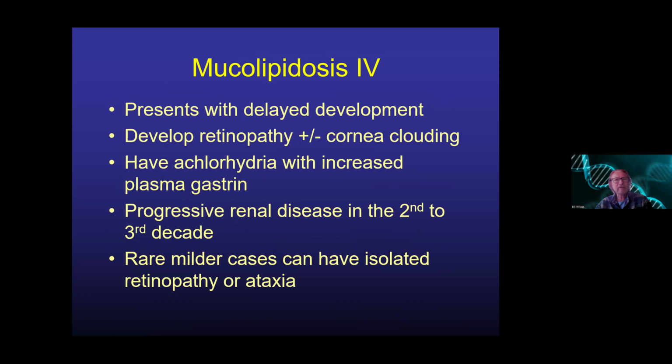I'll show you a picture of hypothesized mechanisms for its pathogenesis. It presents with delayed development. They develop retinopathy and corneal clouding over time. They may have no acid in their stomach and develop progressive renal disease into their second to third decade. And rare, milder cases can just have isolated retinopathy or ataxia.